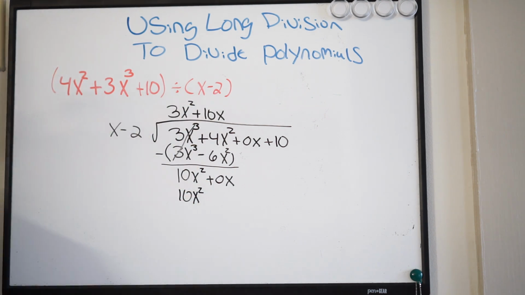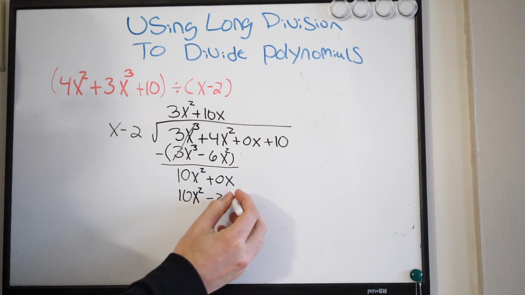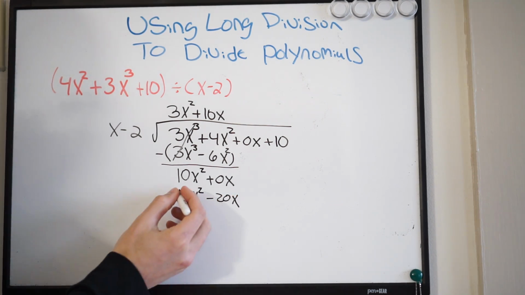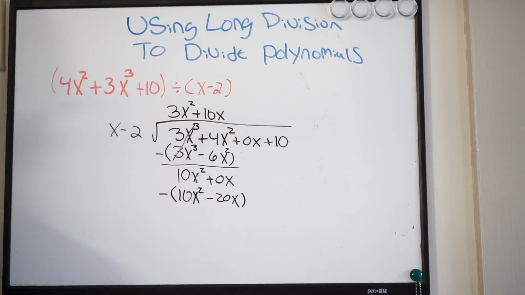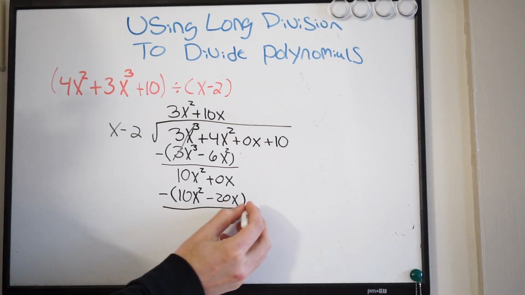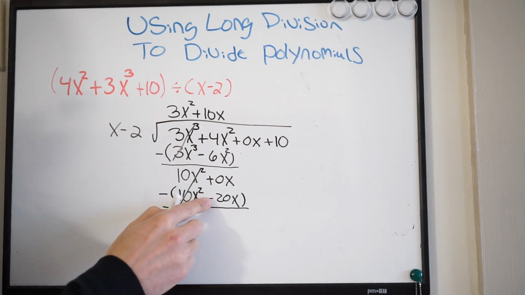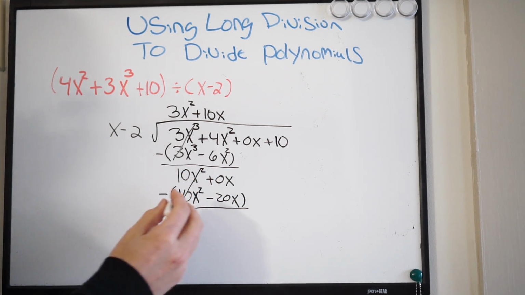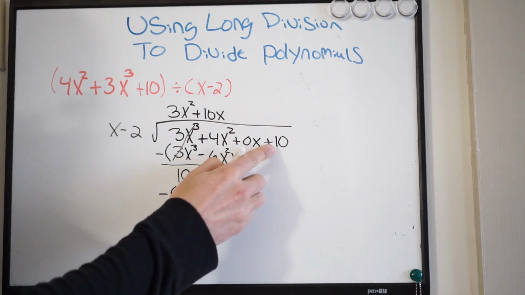And then 10x times a negative 2, negative 20x. Same thing, put it inside parentheses, put the negative sign on the outside. Again, these will both cancel out, but then we have a negative and a negative that makes positive, so this is positive 20x. Bring down the 10.